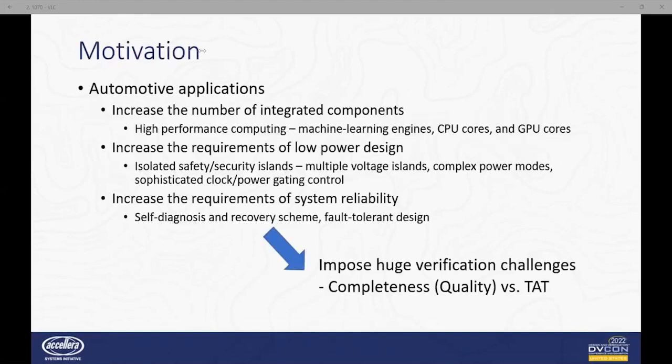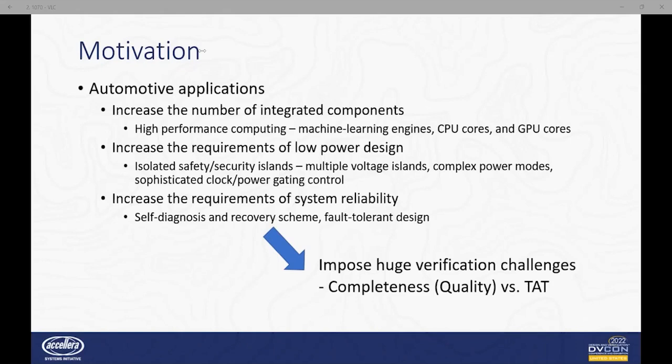Automotive applications that support ADAS are leading to more complex and larger system development. The number of integrated components has increased, especially for high-performance computing. Multiple cores, such as machine learning engines, CPU and GPU are required. They lead to a tremendous increase in chip size.